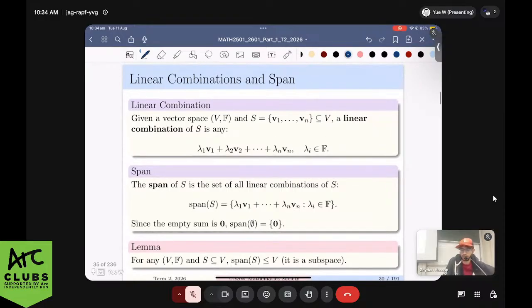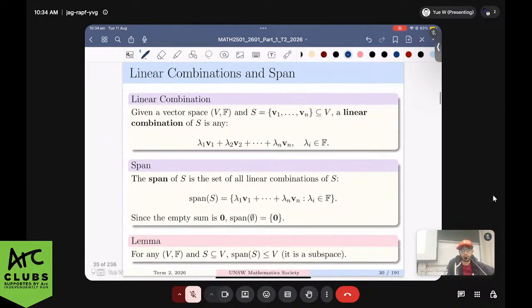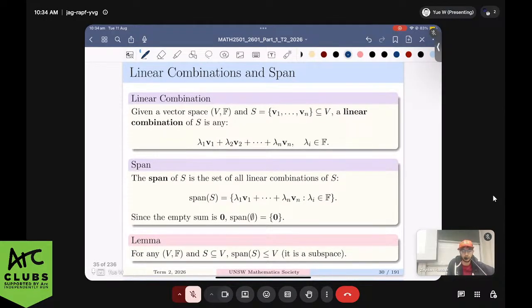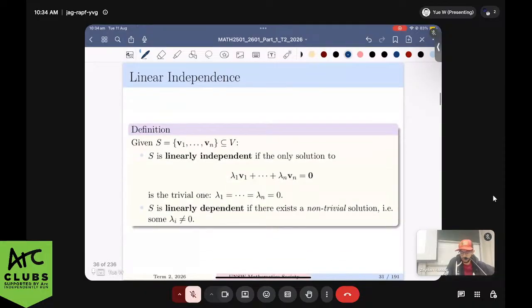Okay, linear combinations. A linear combination is just a sum of scalar multiples of the vectors. So if you have v1 up to vn, you scale each of them by certain scalars and add them up. That's what you call a linear combination of them. The span is the set of all of these combinations. And the span of any set is a subspace of the vector space as well. Okay, linear independence.